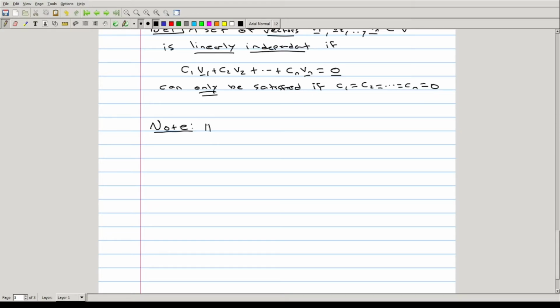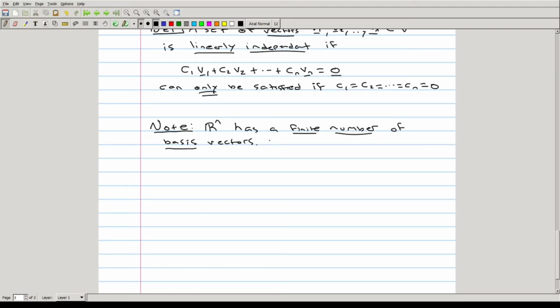So n-dimensional Euclidean space, Rn, has a finite number of basis vectors, meaning that we only need n basis vectors, where n is the dimension, to find a linear combination representing any vector in Rn.